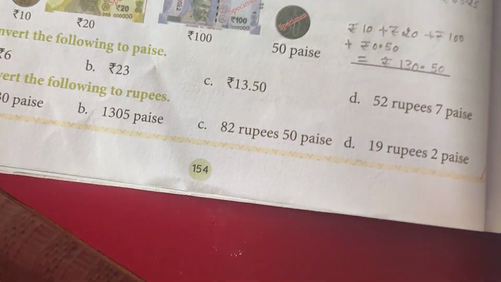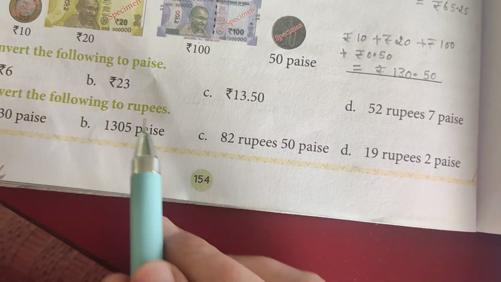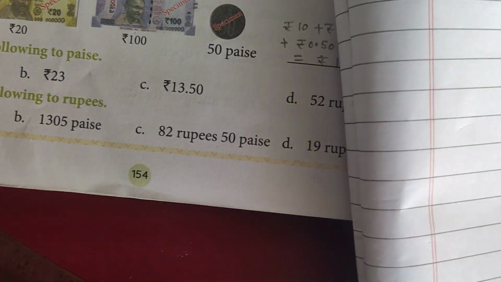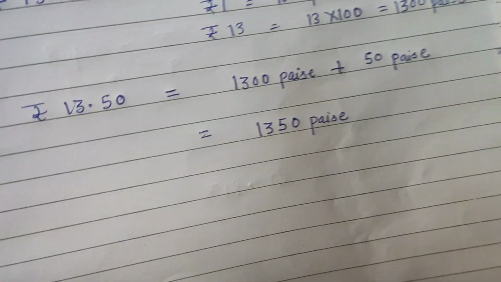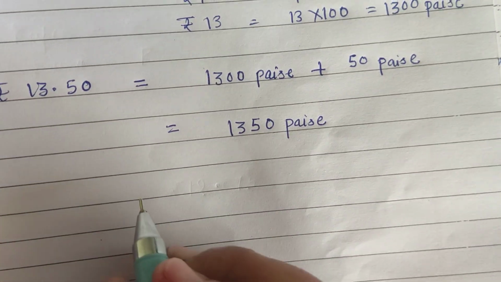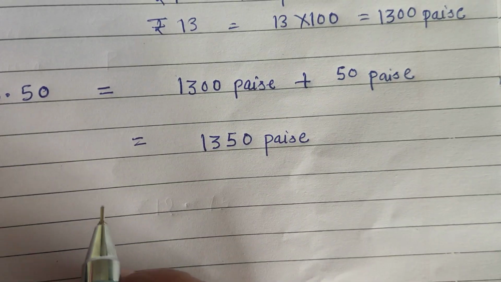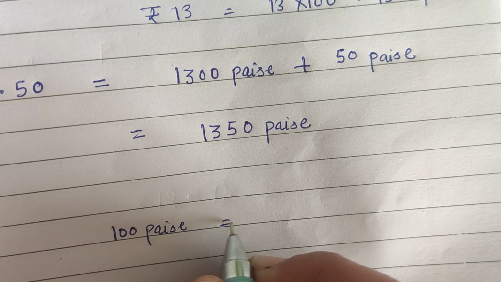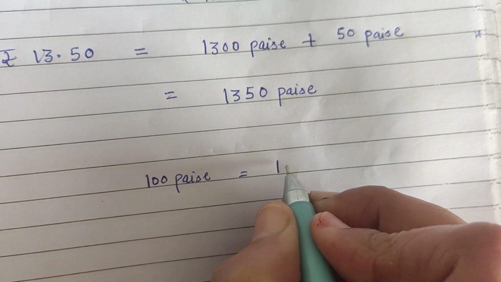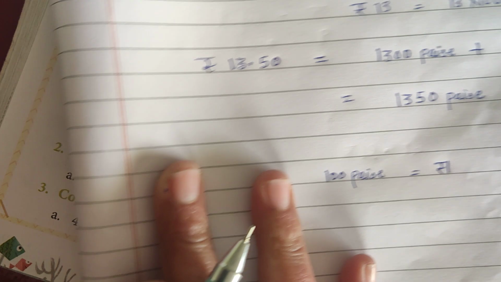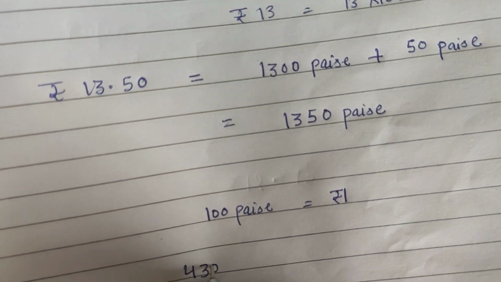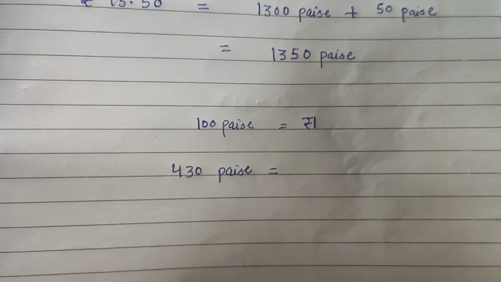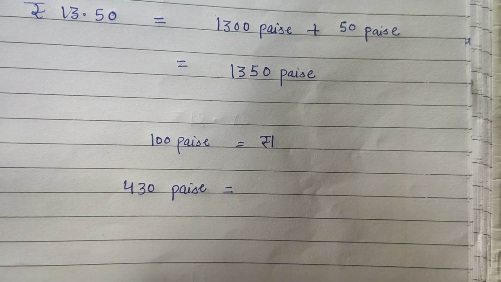Similarly, now move to question number 3. Convert the following to rupees. Here paisa is given to us and we have to convert paise into rupees. As we know, paise is a smaller unit of currency and rupees is a bigger unit of currency. So 100 paise is equal to 1 rupee and I have to convert 430 paise into rupees. Whenever converting from smaller to bigger, we divide.